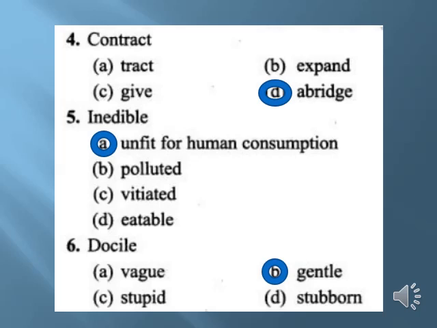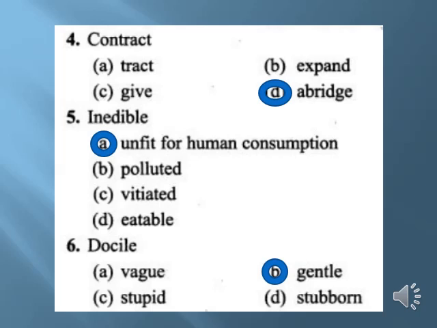Abridge. Inedible. So the right answer here is unfit for human consumption. Edible oil, inedible, which is unfit for human consumption. What you can eat, that's edible.